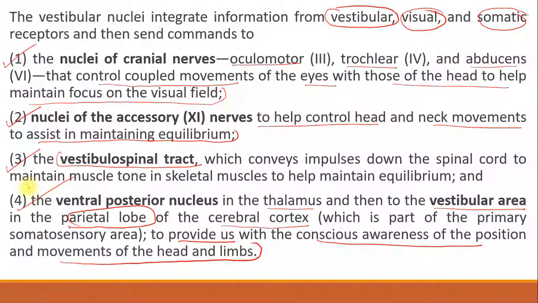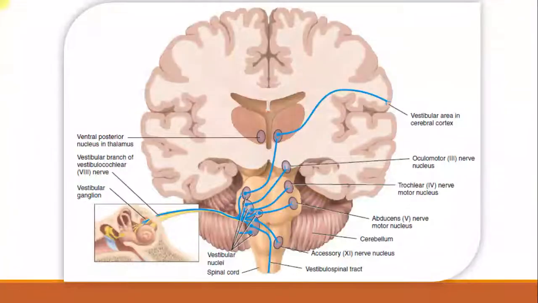Please see where the vestibular area is located. It is present in the parietal lobe, and it provides us with conscious awareness of the position and movements of the head and limbs.